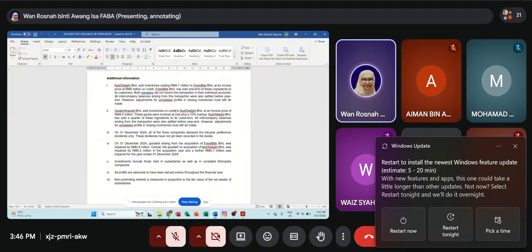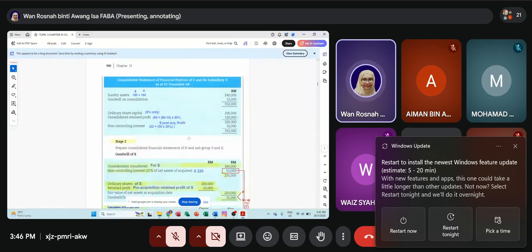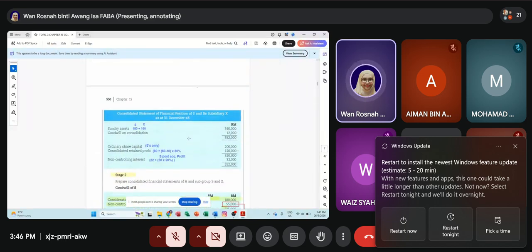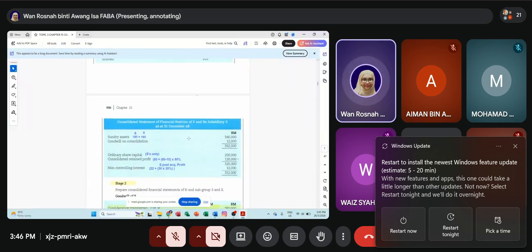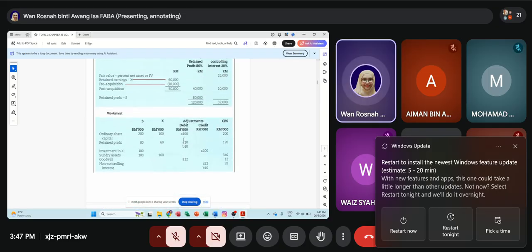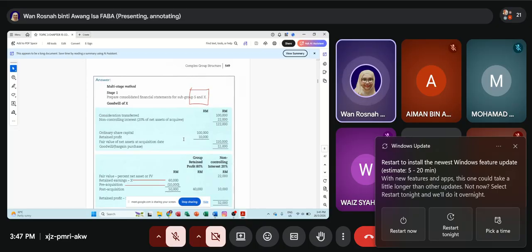That's why we have to go through the basic procedure on how we are going to prepare the consolidated statement of financial position of a complex group structure, especially vertical group structure, where we use the single or multi-stage method.